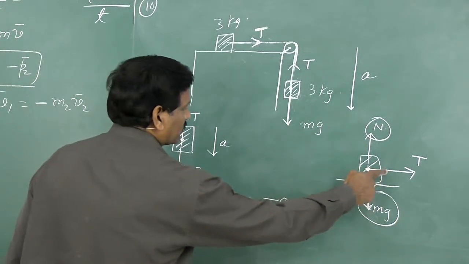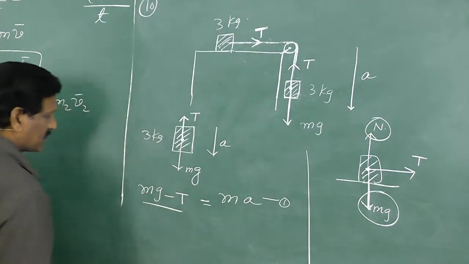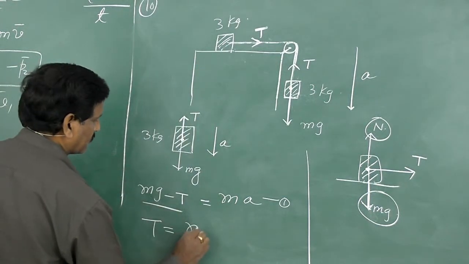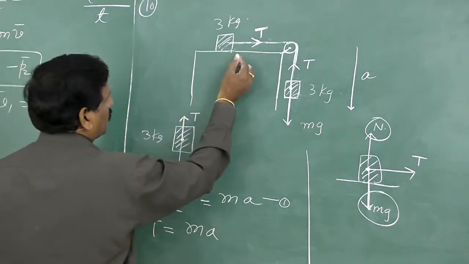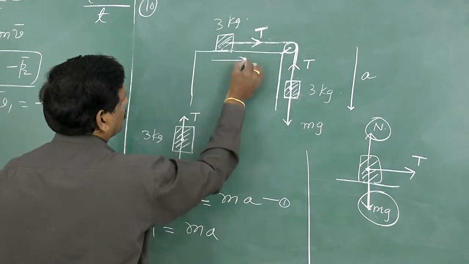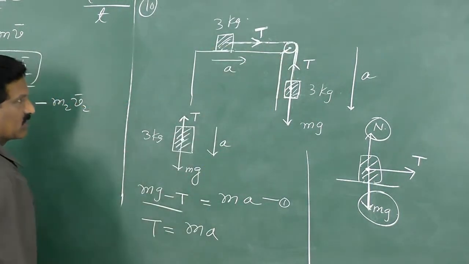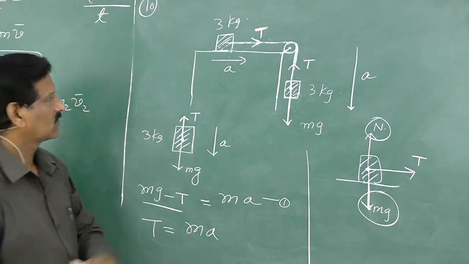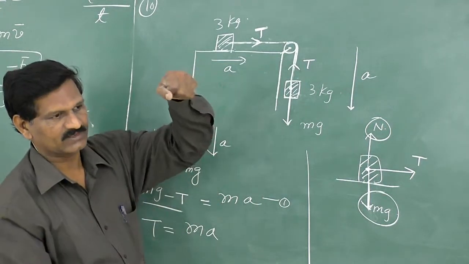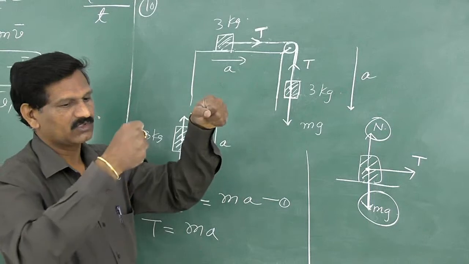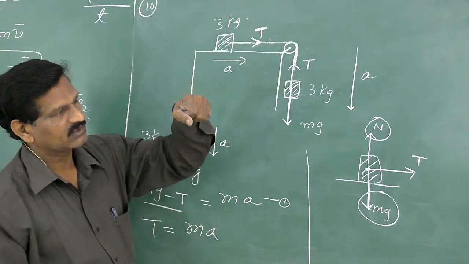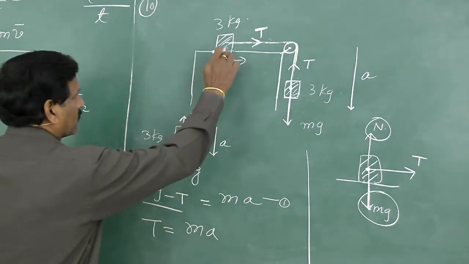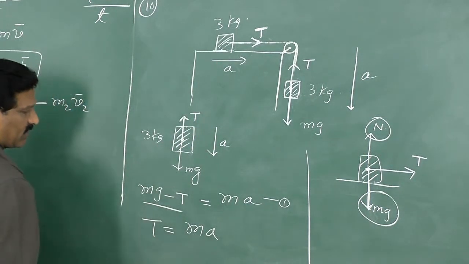So for this you write Newton's second law as T is equal to ma, where a is the acceleration of the block. The other block also moves like this, because this is a string which is inextensible. When this body moves, the other body also moves. If a is the acceleration of this body, the other also moves with the same acceleration a. So you can write T is equal to ma.